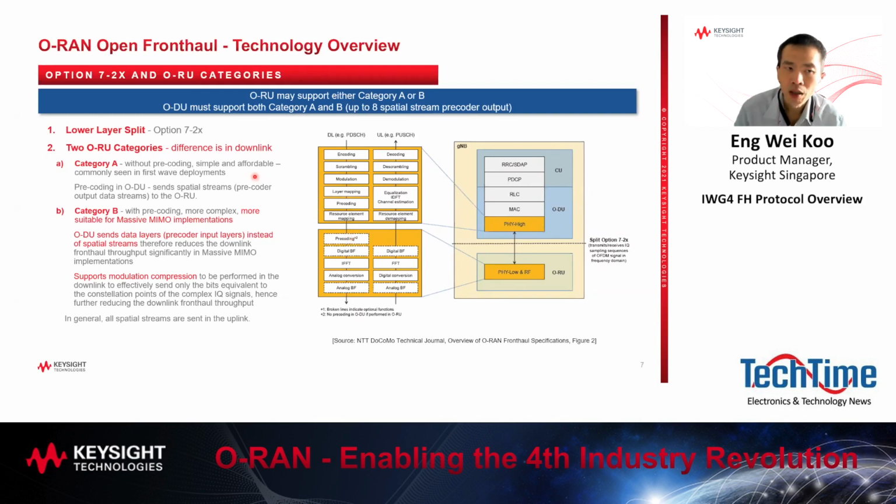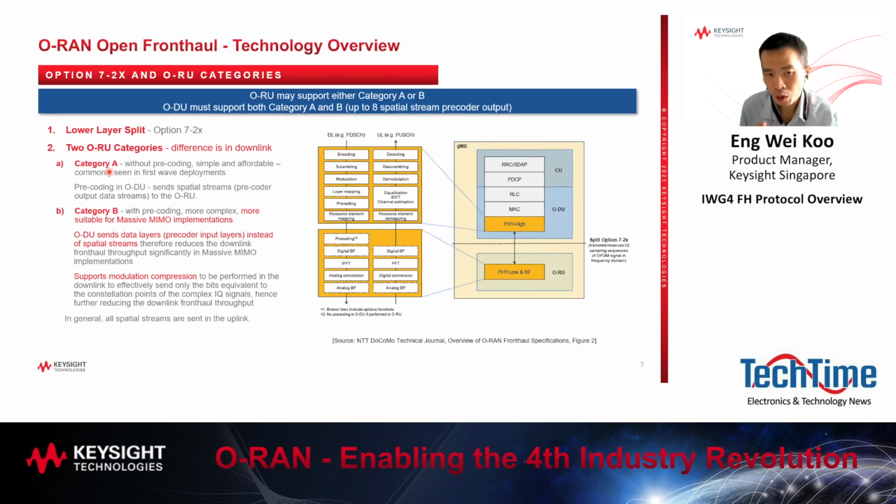Because we have defined two categories of ORU within the Working Group for Open Front Hall specs. There's a category A, which is basically without pre-coding. This is simple, affordable, and we've actually seen this deployed in the first wave deployments commercially in the industry. So what this means is that you basically do the pre-coding within the ODU, and you send the pre-coded streams, what we call the spatial streams, into the ORU.